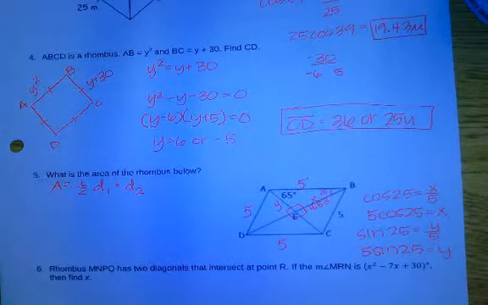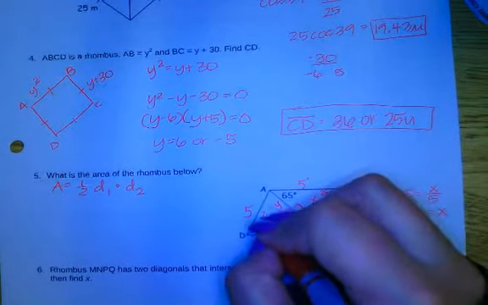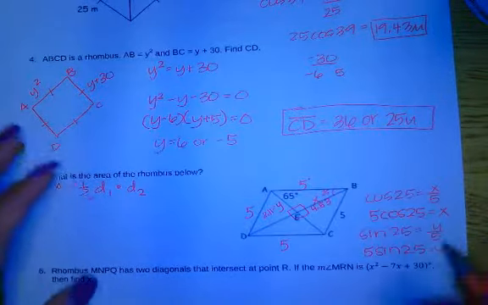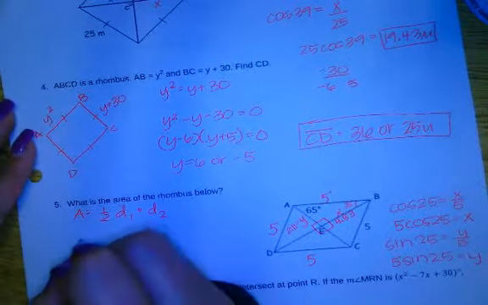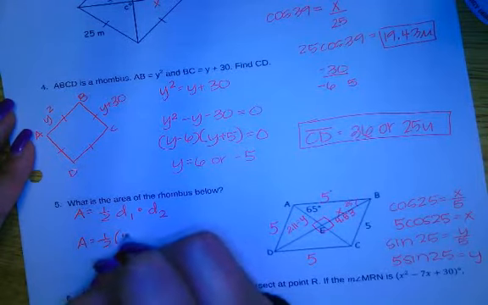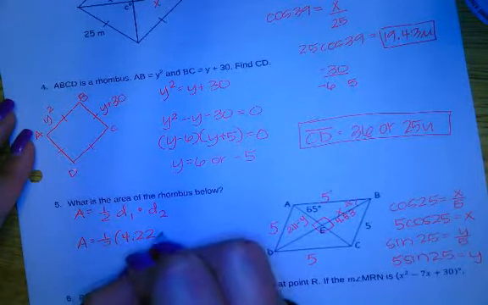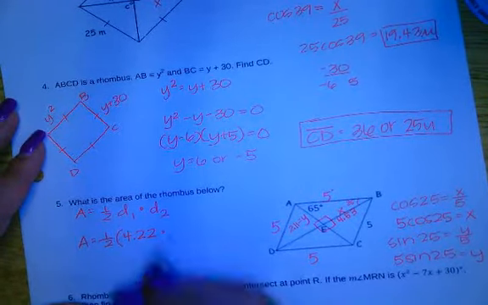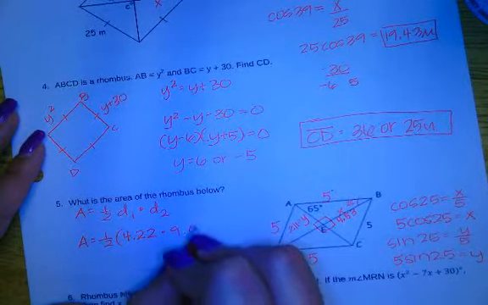What about y? 2.11. So what is the length of one of my diagonals? 4.22, and the other diagonal? 9.02. Perfect.